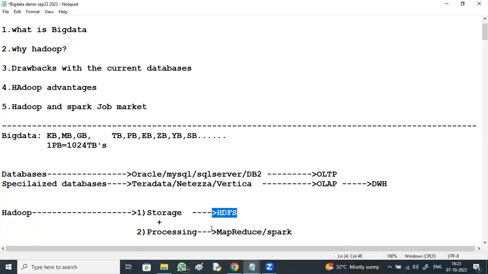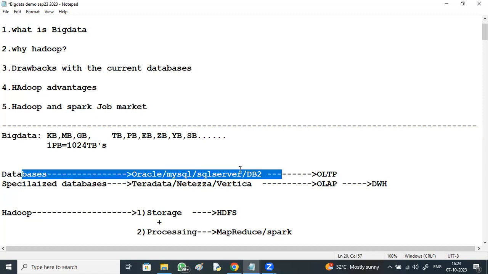And for processing, it uses an execution model called MapReduce or Spark. So when Hadoop is able to perform both storage and processing, what is the necessity of the current databases then?